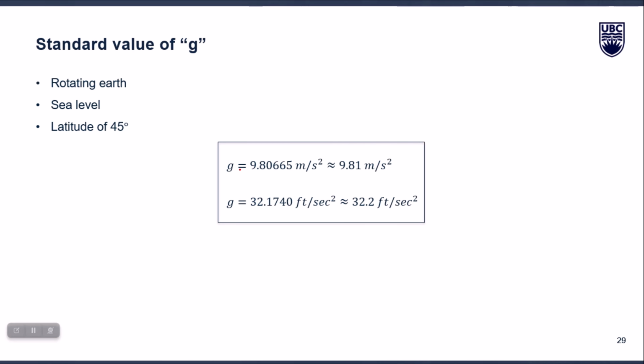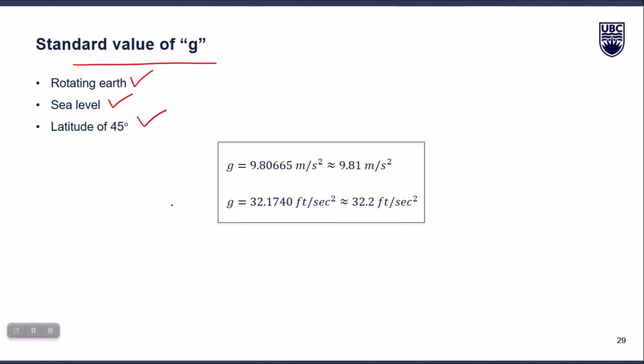This is the standard value of g, which is mostly used in different problems. If you are not asked to explicitly account for the effect of rotation, you can use the value of g corresponding to the rotating Earth, at sea level and at a latitude of 45 degrees.